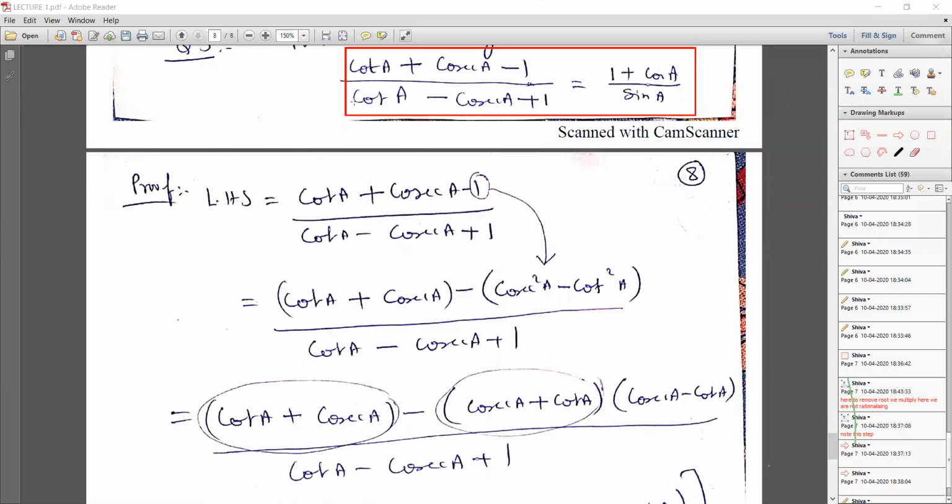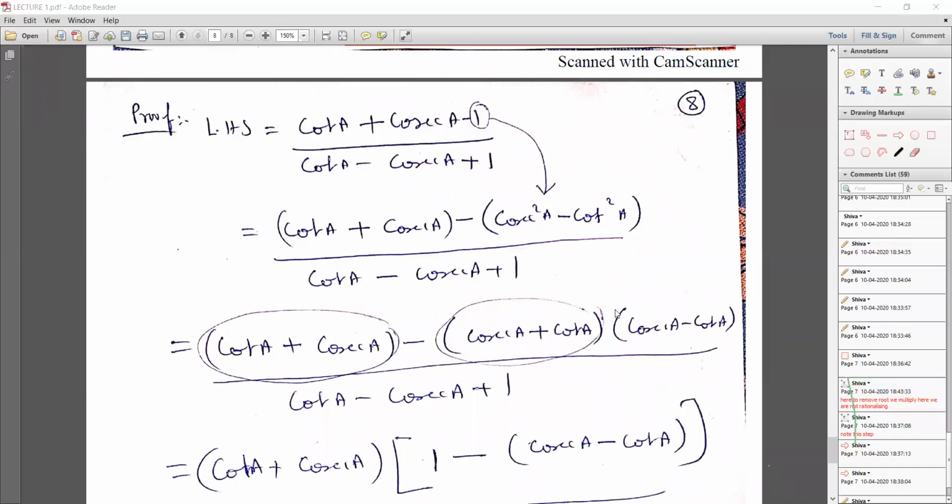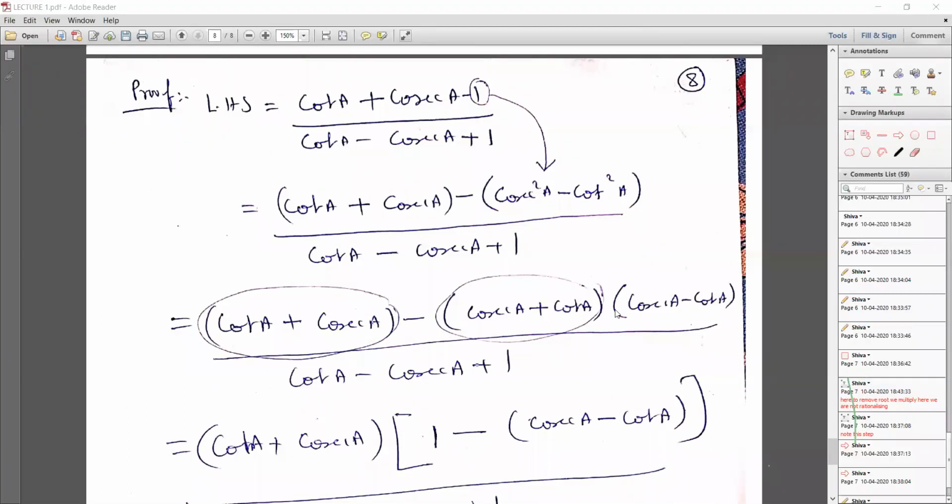Now, this type of sum is generally asked, especially sums like cot A plus cos A minus 1 upon cot A minus cos A plus 1, okay?